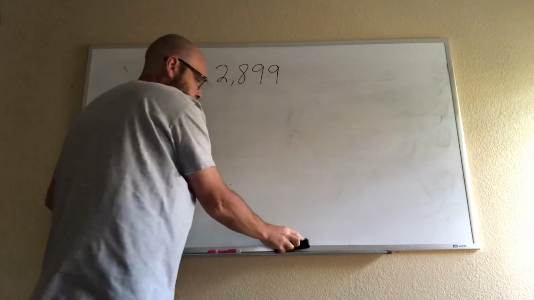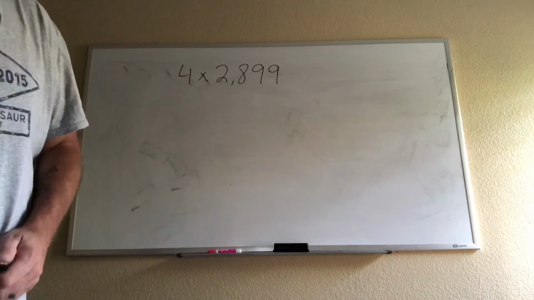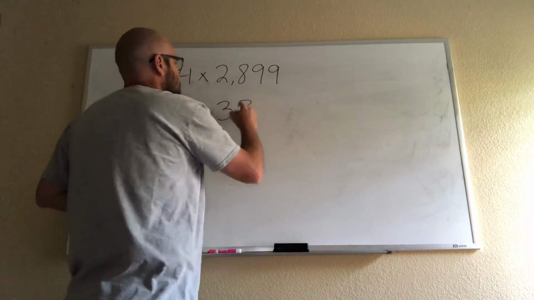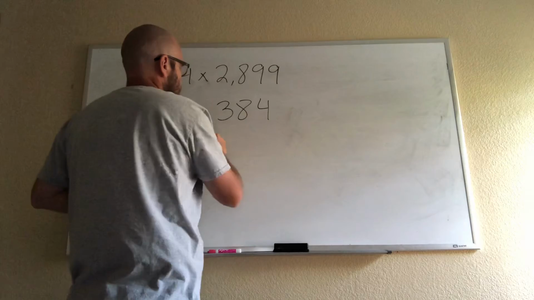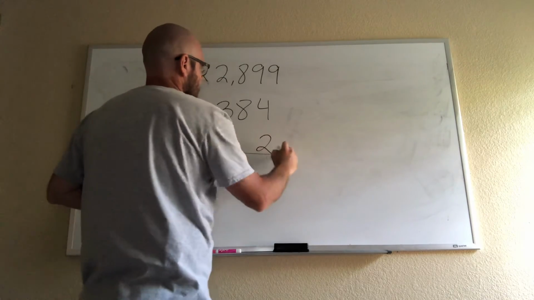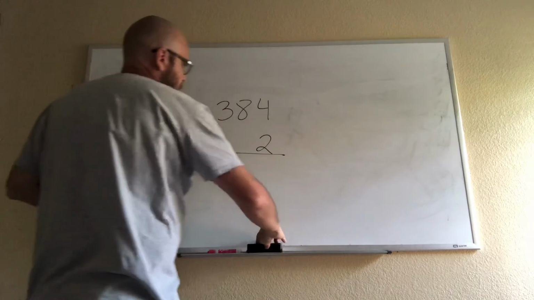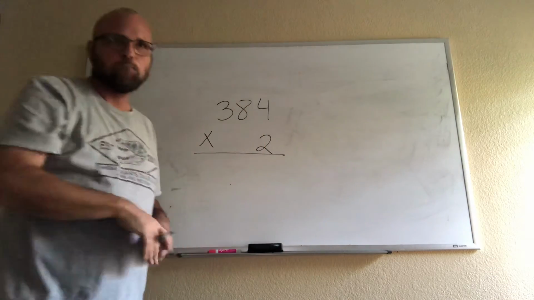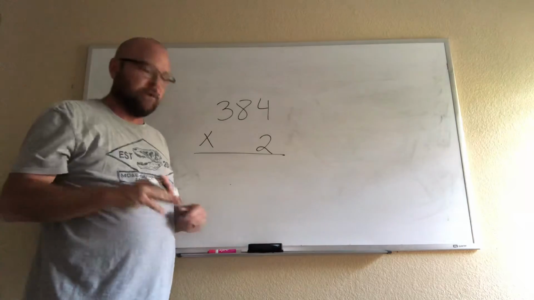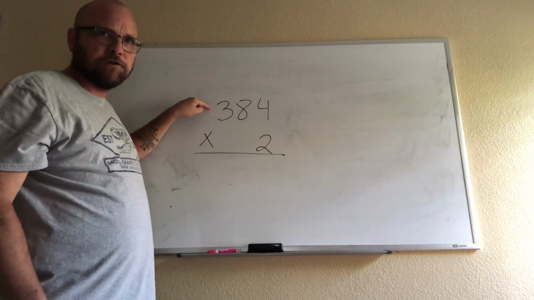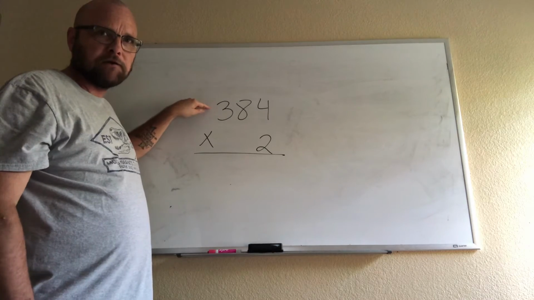That's cray-cray. Let's look at the problem that says 384 times 2. First, I'm going to write it vertically, because that makes it easier for me. My larger factor, the one with the most digits, is going to be the top factor.